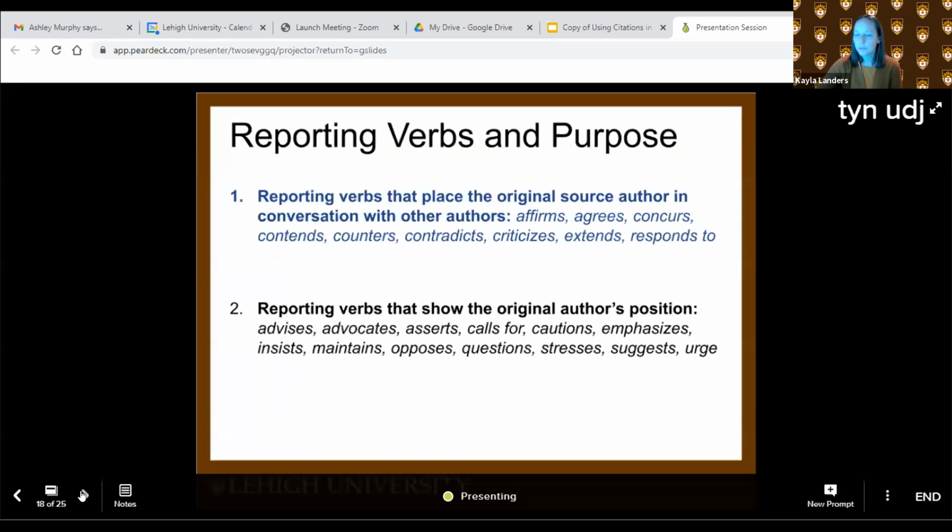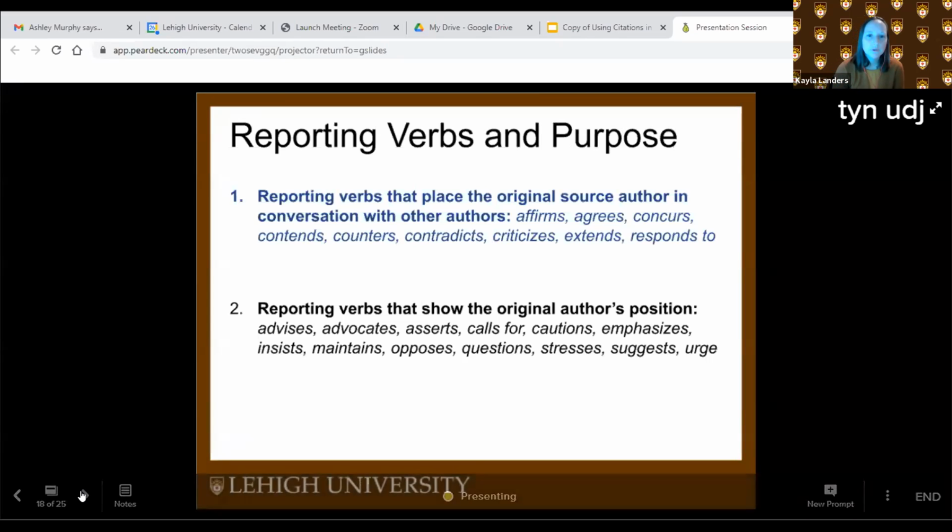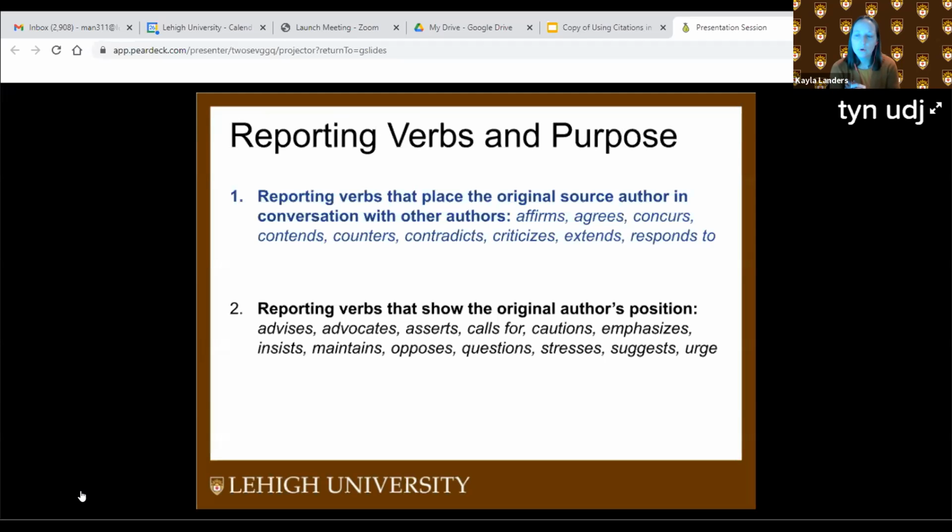the verbs and purpose. So reporting verbs can also convey a particular tone or the author's position, and can help you really, again, frame what the purpose behind that quote is. A particular example in the second one there is opposes, right?